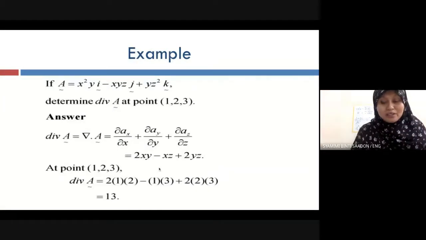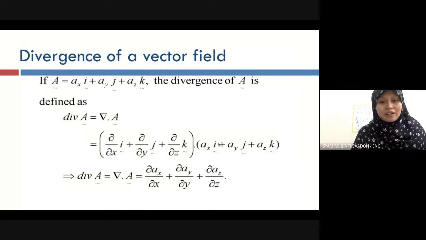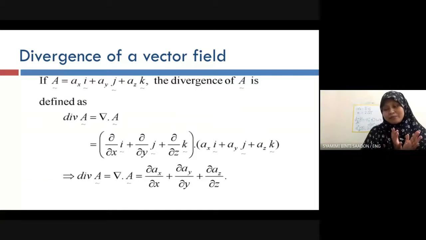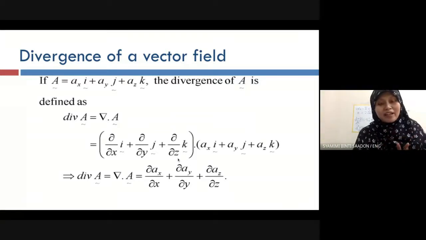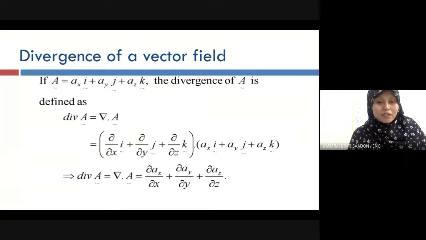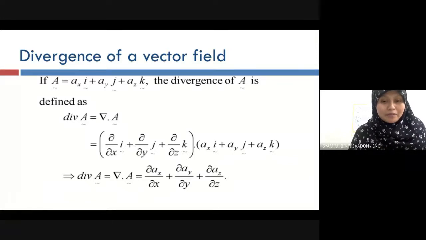So that's why we don't have this component, IJ, and the same for IK and then JI. We are only left with those components with the same direction, I and I, J and J, K and K, so that's why we have this one. So the answer of the divergence is a scalar.